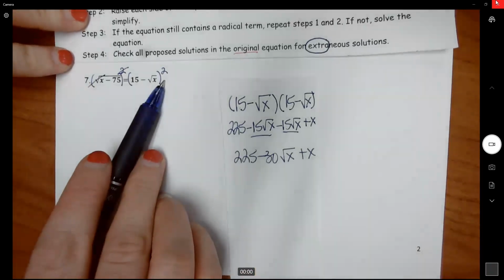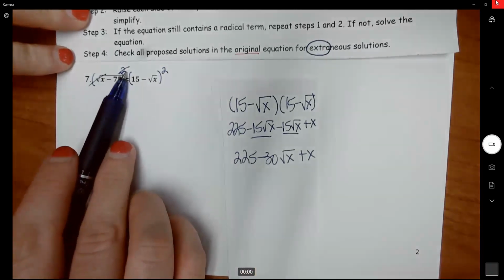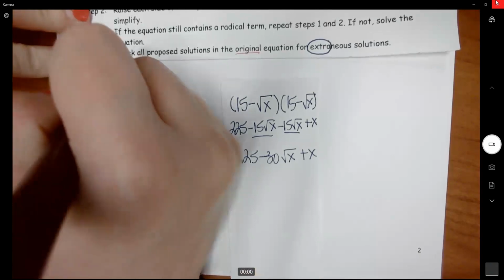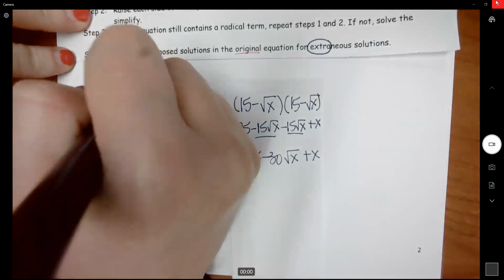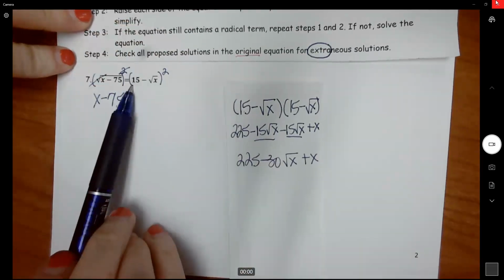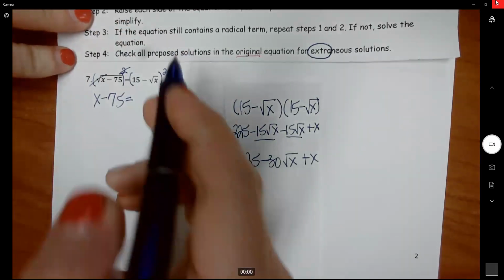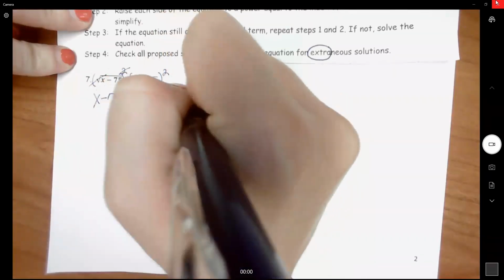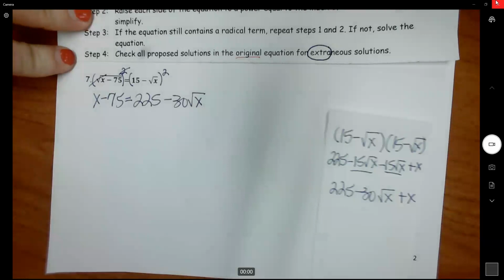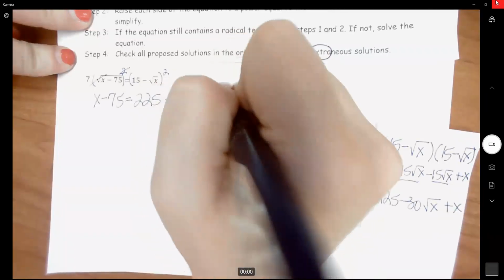So this next line, once my square root and square canceled, this is x minus 75. And then 15 minus square root x squared is this right here. 225 minus 30 square root x plus x.